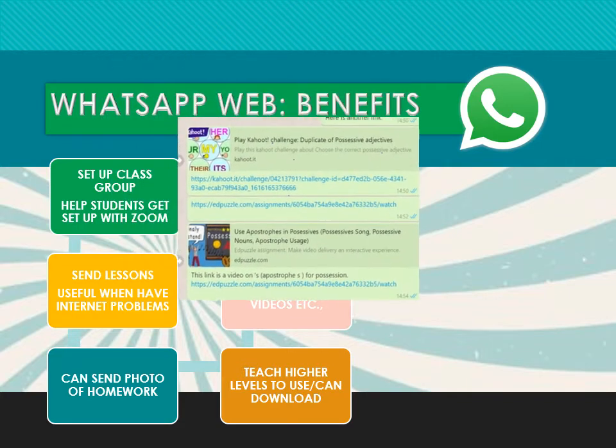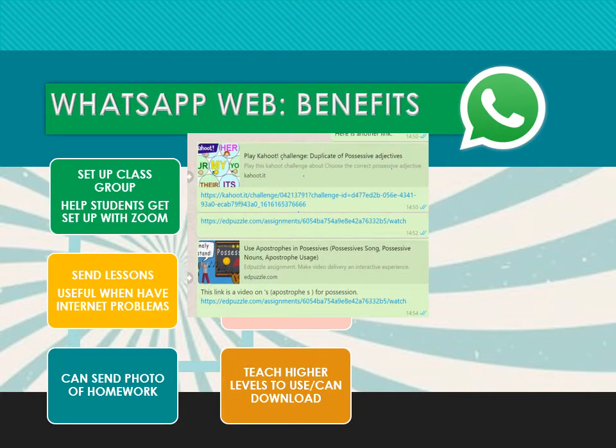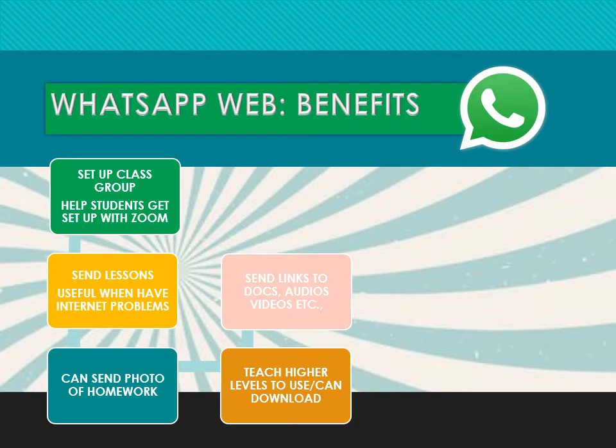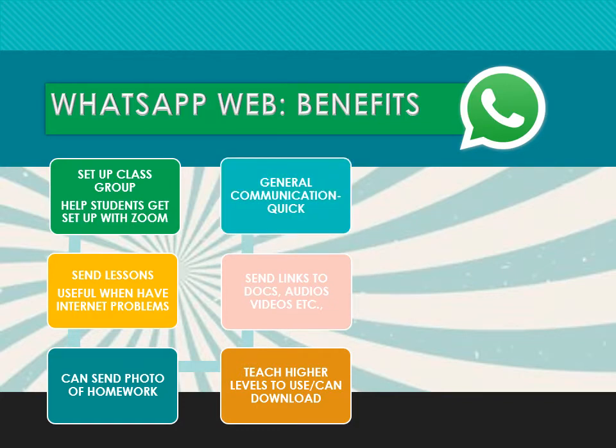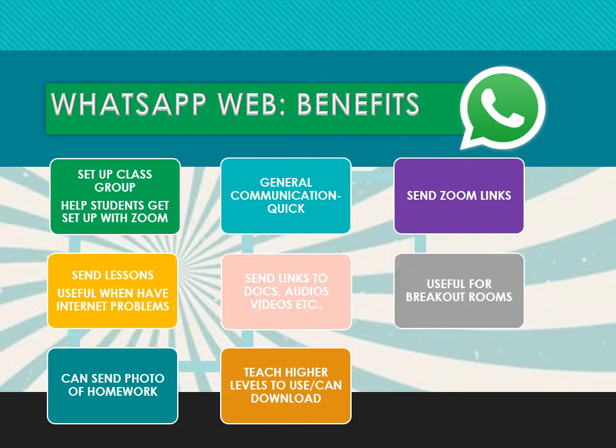It's also useful for sending links, whether to quizzes here, which is a Kahoot and an Edpuzzle. And also you could send them links to videos, audios, etc. In general, it is also very useful for using during breakout rooms.